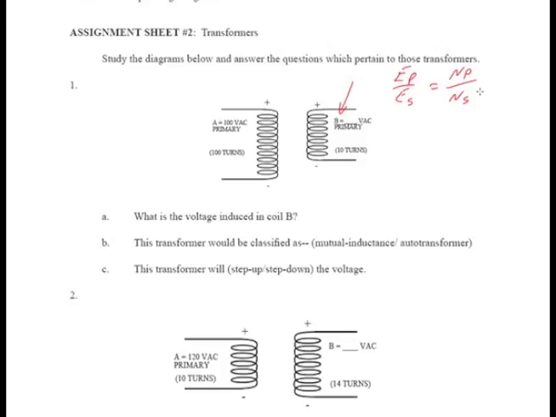If we just plug in the numbers that we know here, the primary voltage is 100 volts, and we want to know what the secondary voltage is. So we plug in the primary voltage of 100 volts, the secondary voltage ES is what we're looking for, and then the number of primary turns, 100 turns, divided by 10 turns in the secondary.